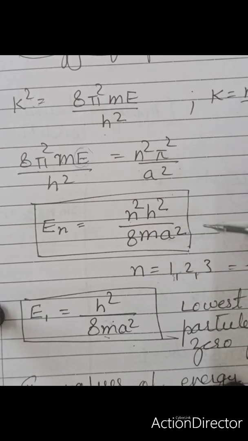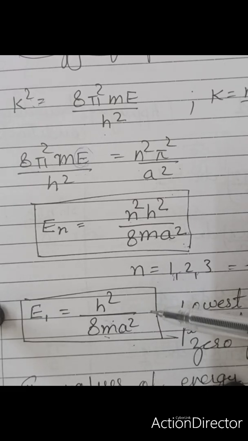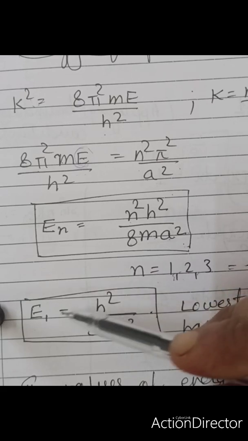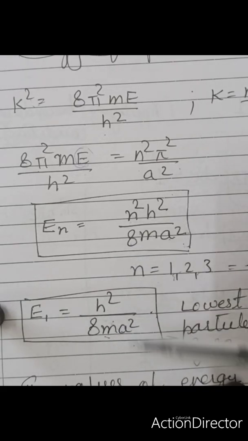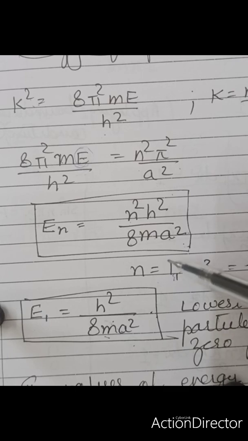So when we put the value n is equal to 1, we get h square upon 8 m a square. That will be the lowest energy of the particle, which we call the zero point energy. So we can get these values for different n, that is 1, 2, 3. These values of energy corresponding to n is equal to 1, 2, 3 are known as the eigenvalues.